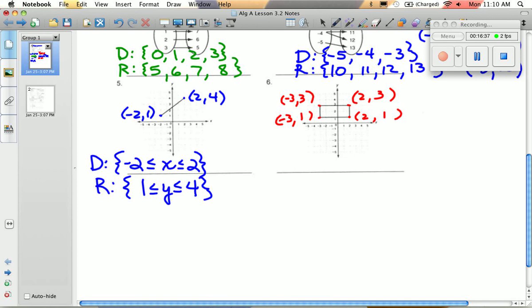Okay, so how do you feel about your ordered pair names versus mine? Are we in agreement?